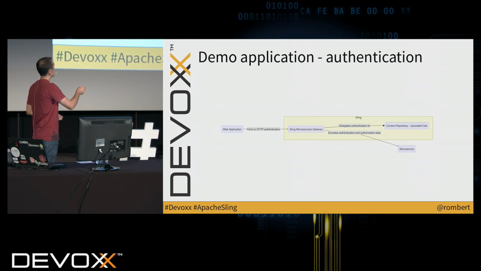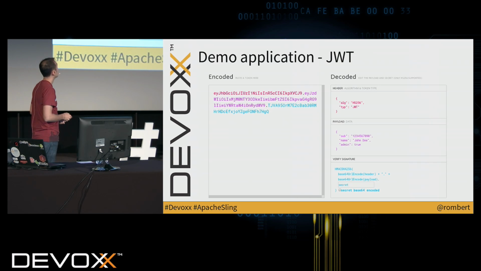Sling receives the authentication data, does its own authentication, then encodes it and sends it to the microservices, which are able to decode and verify it. We've done this using JSON Web Tokens, which is basically an internet standard which packs a string representation of a header, which says, hey, I'm doing JSON Web Tokens using this encoding algorithm.